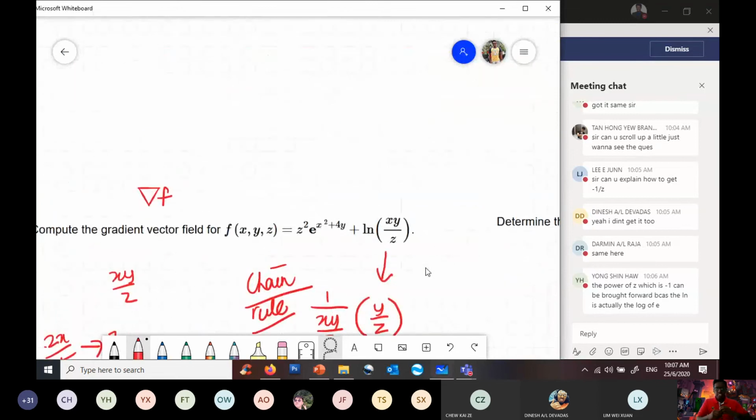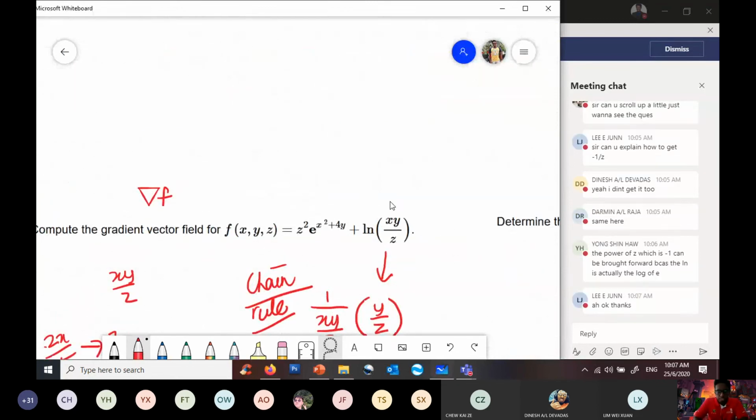If I am differentiating this with respect to z, then of course ln of something is going to be 1 over everything there, multiplied by differentiating the thing inside here. So xy over z, or it can be rewritten as xyz^-1.